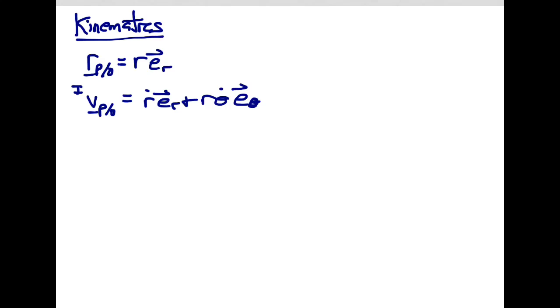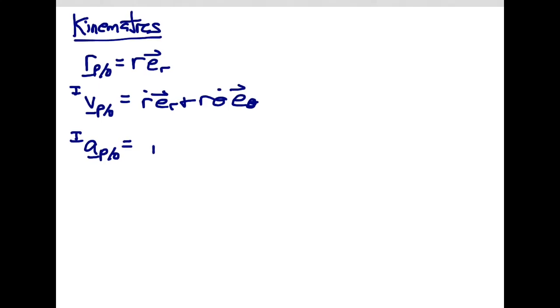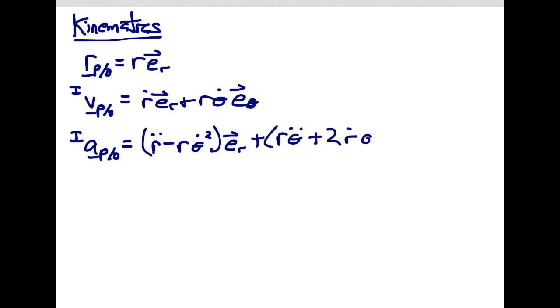And then our acceleration of P with respect to O, as observed in the inertial reference frame, is r double dot minus r theta dot squared in the ER direction plus r theta double dot plus 2 r dot theta dot in the E theta direction.